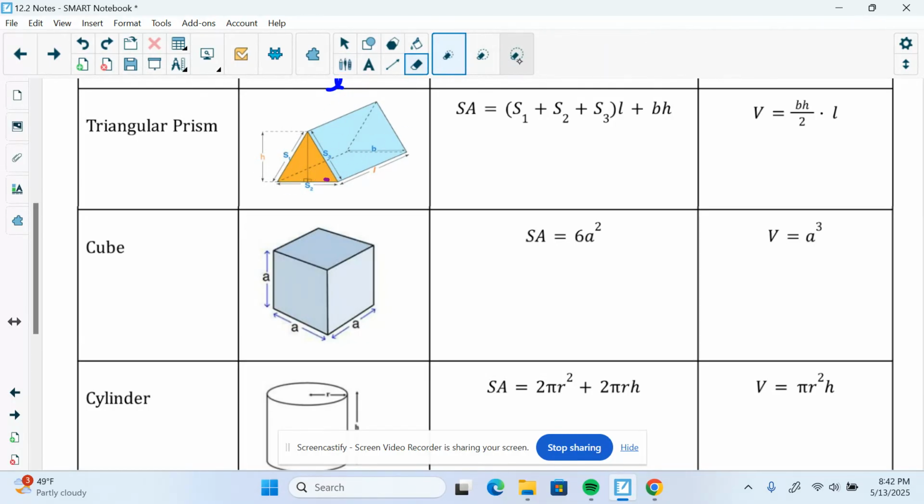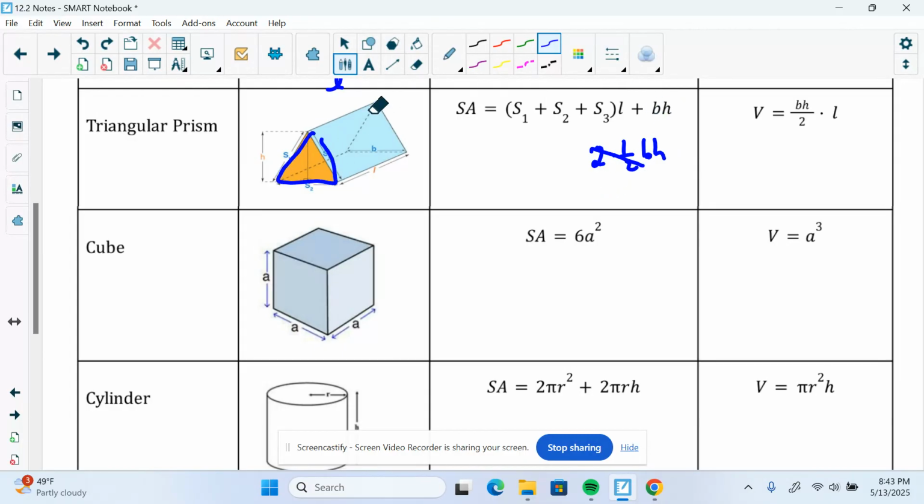For the surface area, we do the area of the 3 rectangular faces, and they'll be side 1 times the length of the prism, and so forth. And then we have the 2 triangular faces. We have 2 times 1/2 BH. That turns into a 1, so I just get BH because we have the 2 triangles here and back there. Okay.